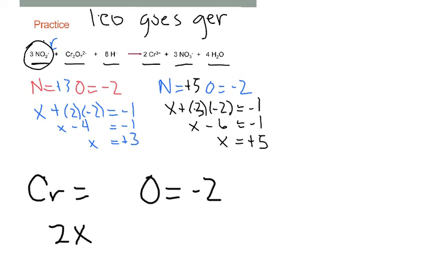Do you see that there are 2 chromiums in dichromate? Since there are 2 chromiums, I'm going to account for that by making what I solve for 2X. So 2X plus, there are 7 oxygens, each one has a -2 charge, and overall this has to equal -2.